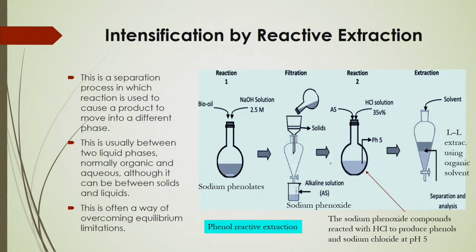This is a separation process in which reaction is used to cause a product to move into a different phase where you can separate those products. This is usually between two liquid phases, normally organic and aqueous systems, and it can also be between solids and liquids. So, there should be multi-phase systems, and this is often a way of overcoming equilibrium limitations.